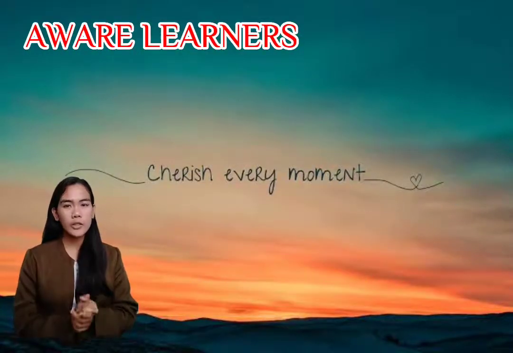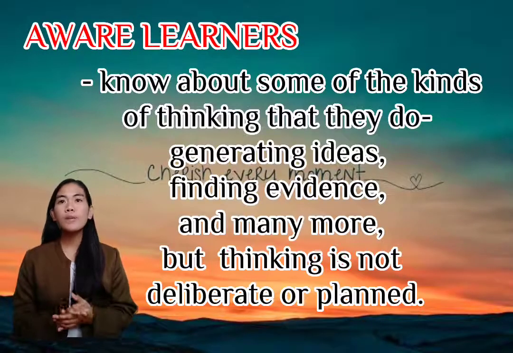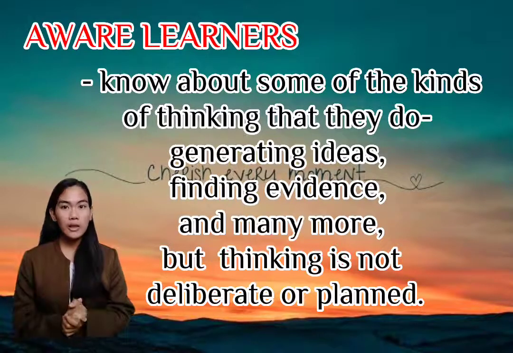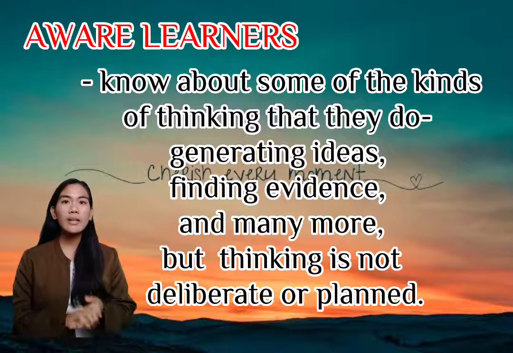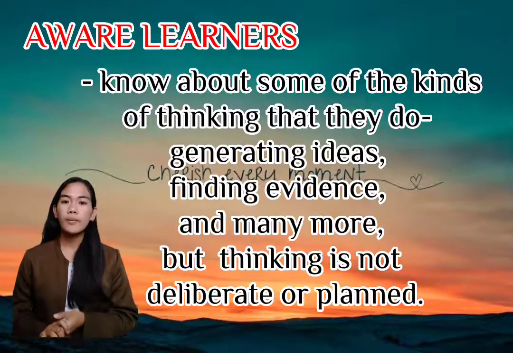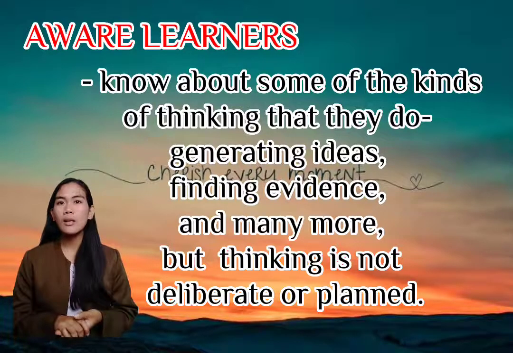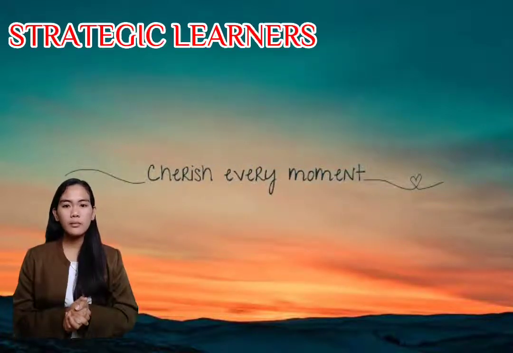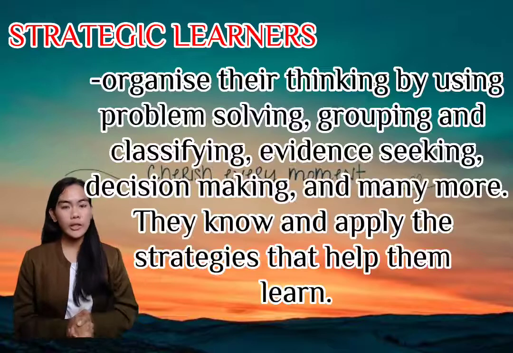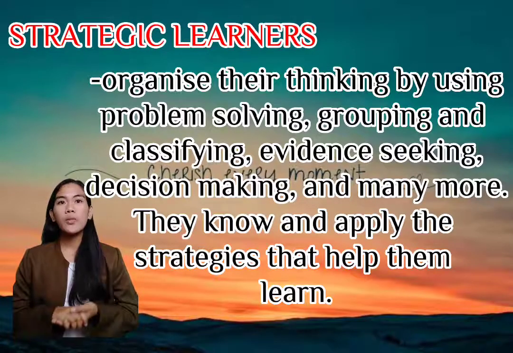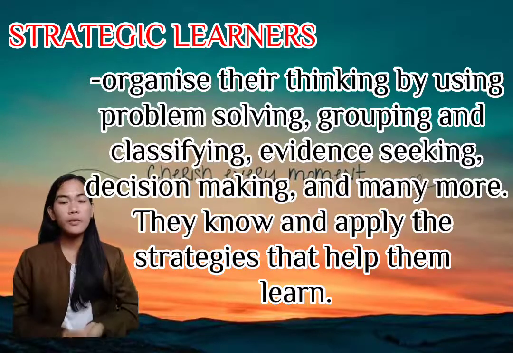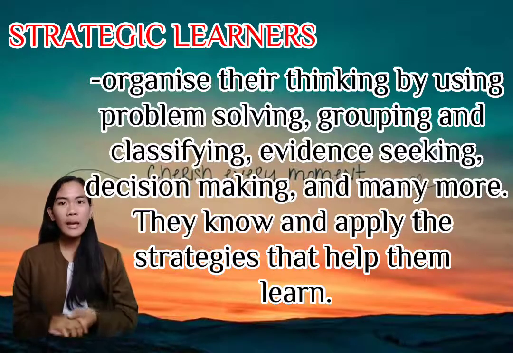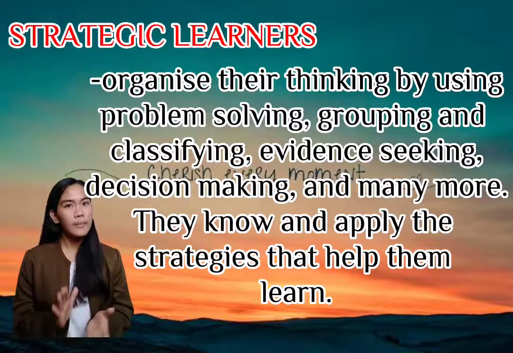Aware learners know about some of the kinds of thinking that they do, generating ideas, finding evidence, and many more. But thinking is not deliberate or planned. Strategic learners organize their thinking by using problem solving, grouping and classifying, evidence seeking, decision making, and many more.